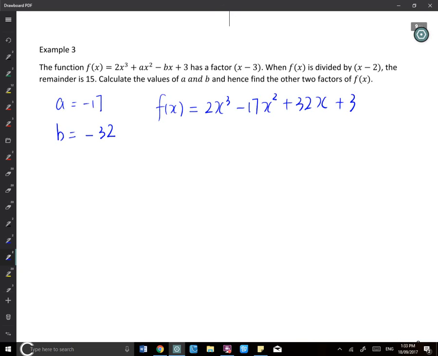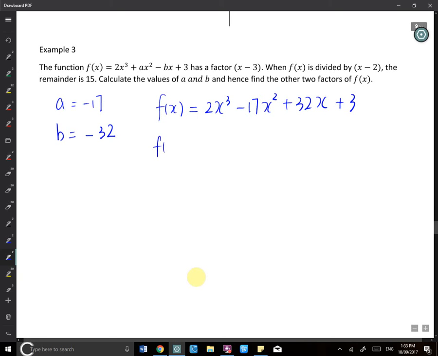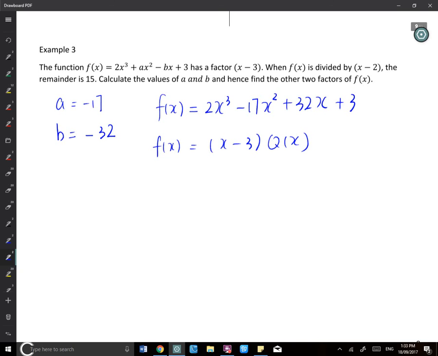Okay, I know x minus 3 is a factor. Okay, I know x plus 3 is a factor. So f(x) must be written in the way that is x minus 3 times q(x), plus a 0, right? That's the meaning of a factor. How can we find q(x)?